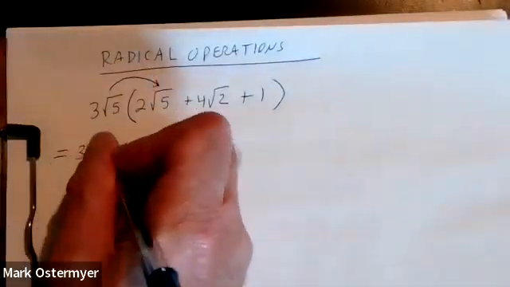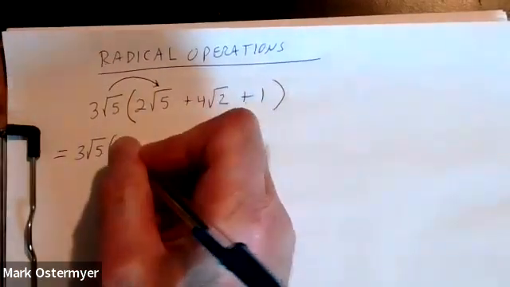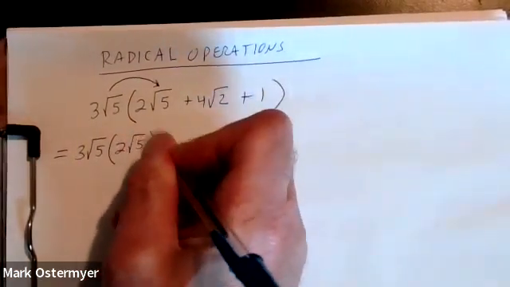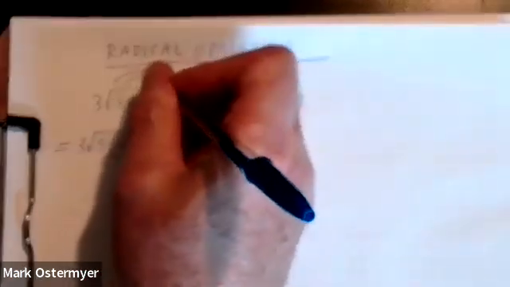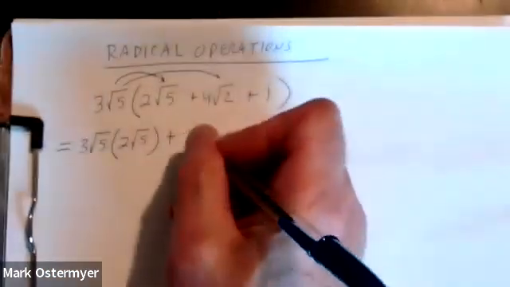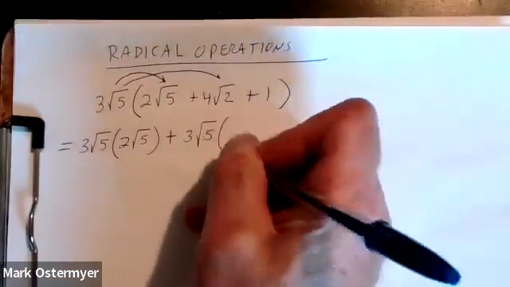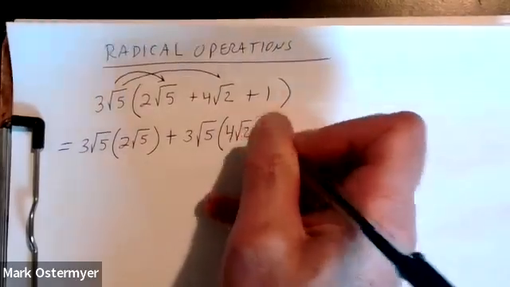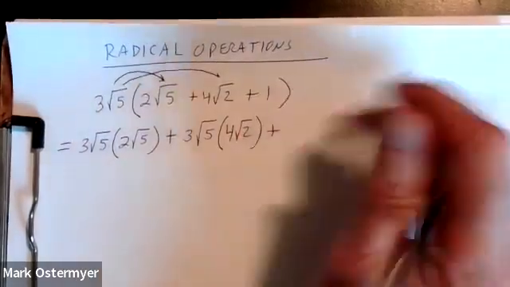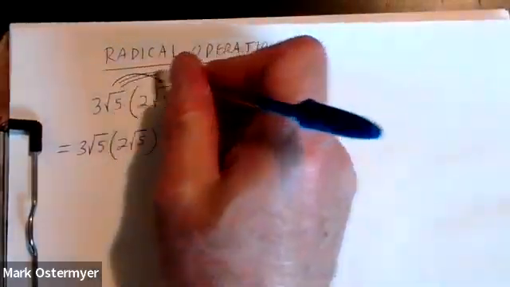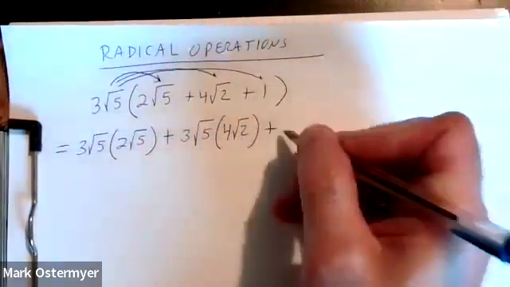So I'm going to have 3 square root of 5 multiplied by 2 square root of 5, plus 3 square root of 5 multiplied by 4 square root of 2, plus 3 square root of 5 multiplied over here by 1.